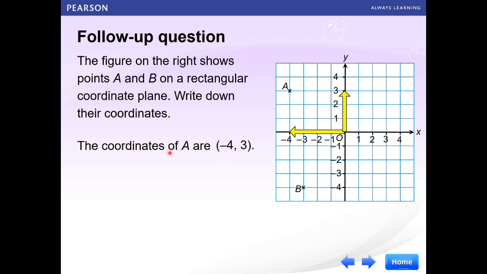So the coordinates of A are (-4, 3). And the coordinates of B, you will do the same thing. You will get (-3, -4). And then of course close the bracket.